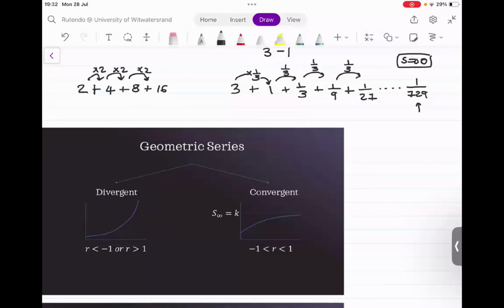You should get a very long looking number, something like 1.3 something times 10 to the minus 3.